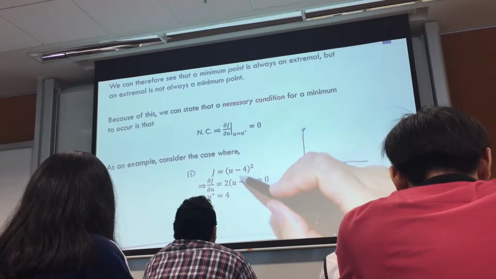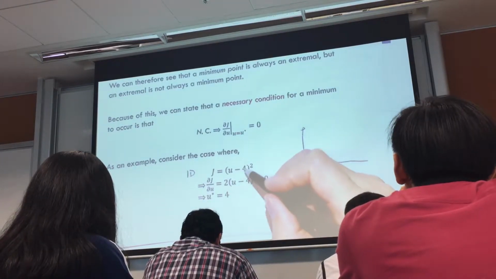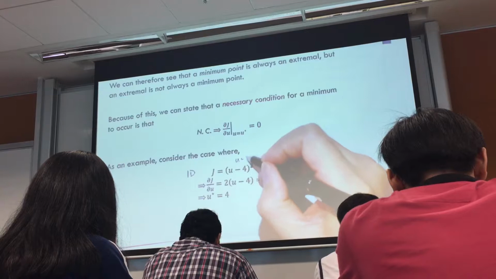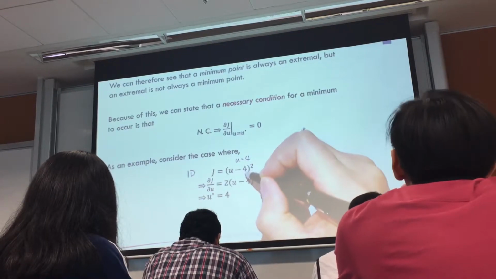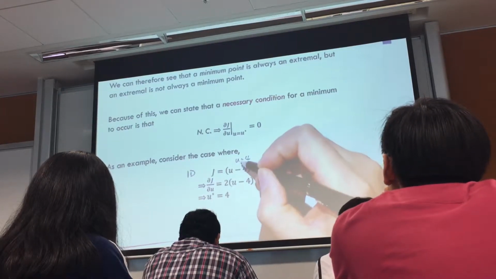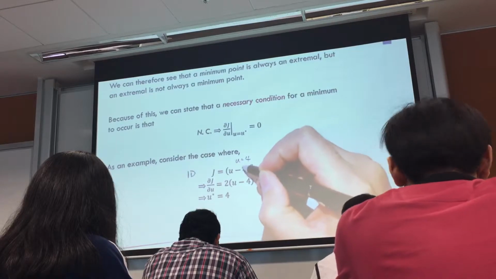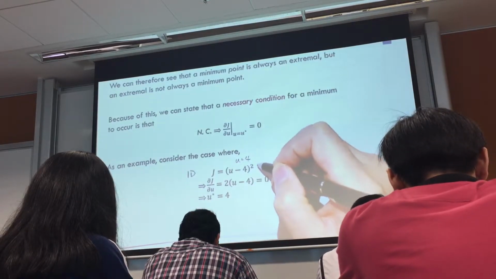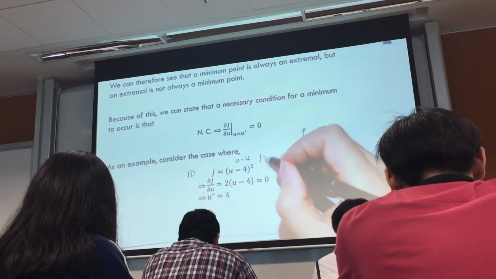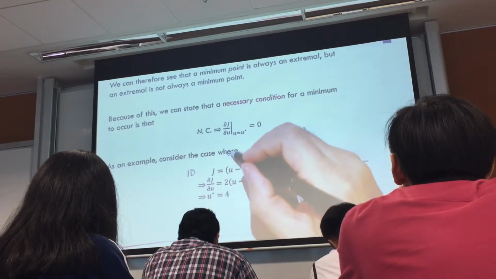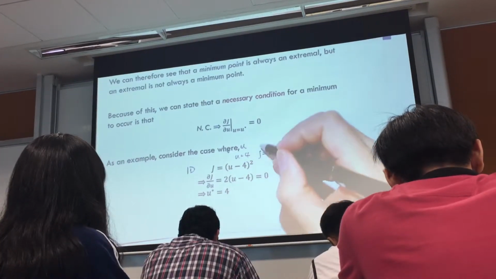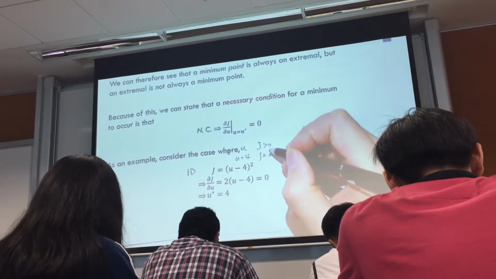This function is very simple. For u equal to 4, J will be equal to 0. For any other value, J will be greater than 0.